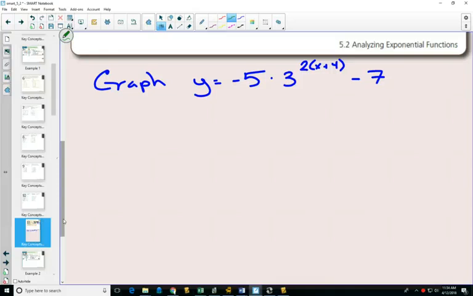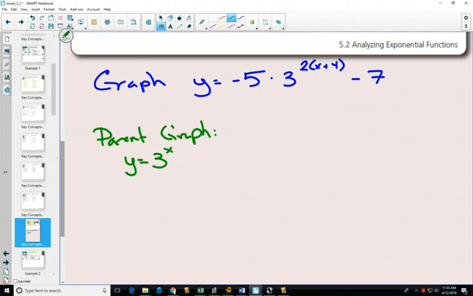And another reason is they're a little bit trickier because you might be tempted to do things because the parent graph has a number in it. So first of all, we have to look at all of this, and we have to decide, what's our parent graph? Y equals what? 3 to the x.